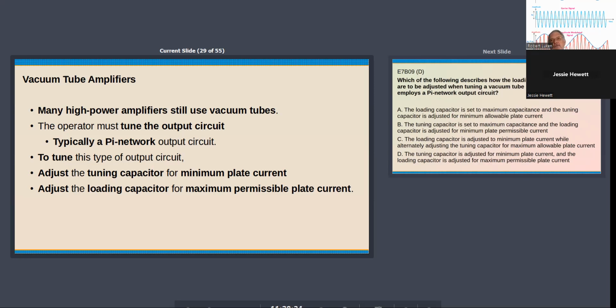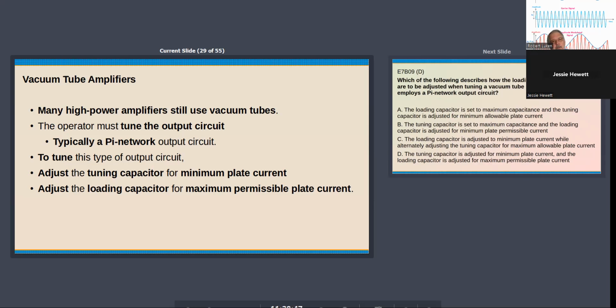But enough of a shift difference that it's fairly tolerant of noise and stuff. Did that answer your question? Yes. Okay.